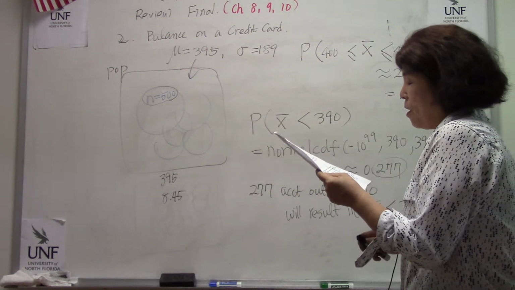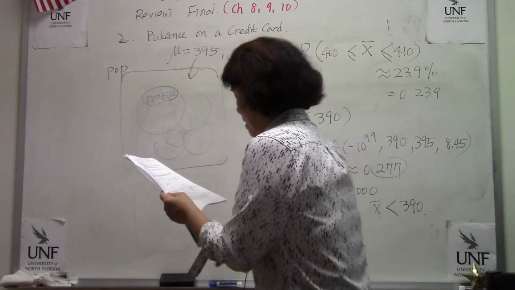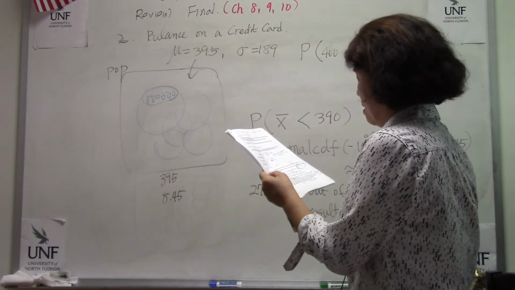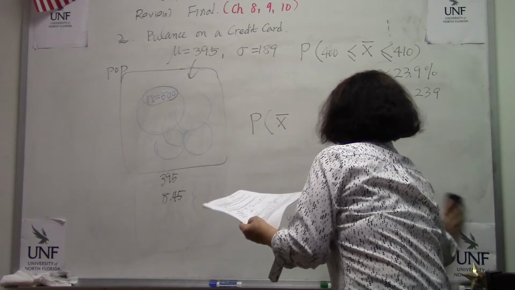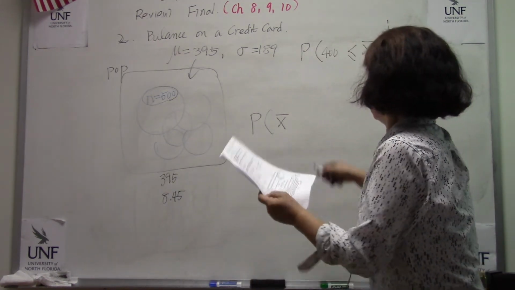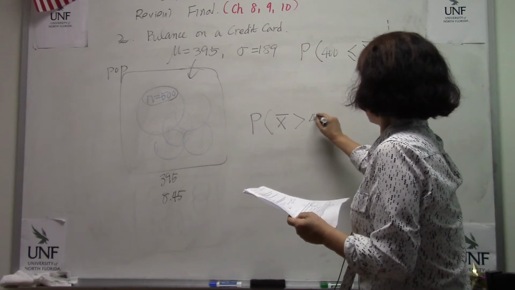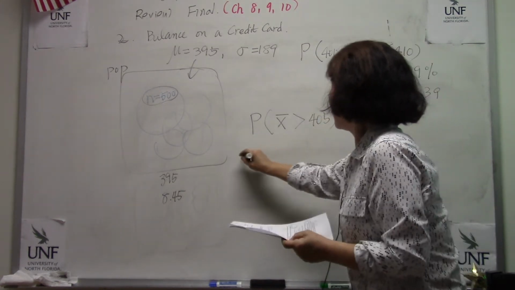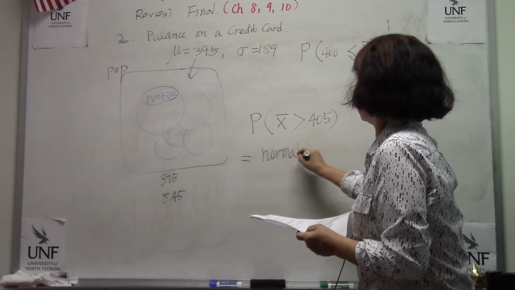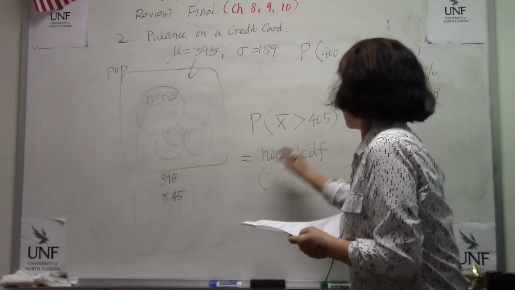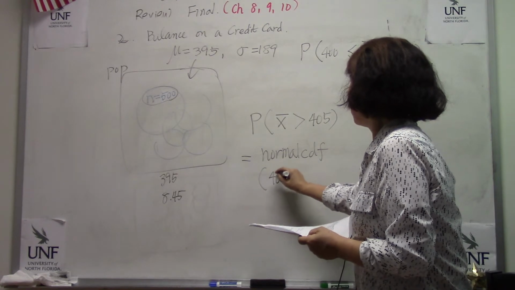Be more than 405. Well, to be more than 405. So this time x bar is more than 405. So what is that? So this time normal CDF, low number is 405.